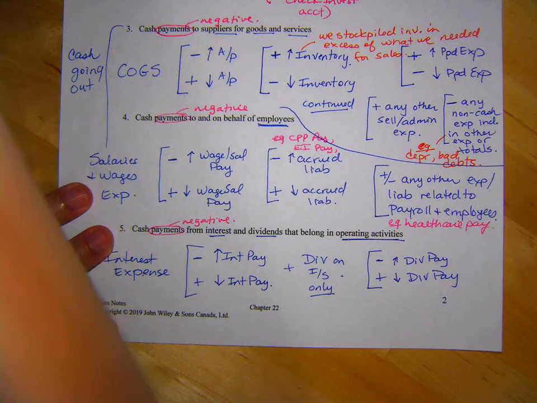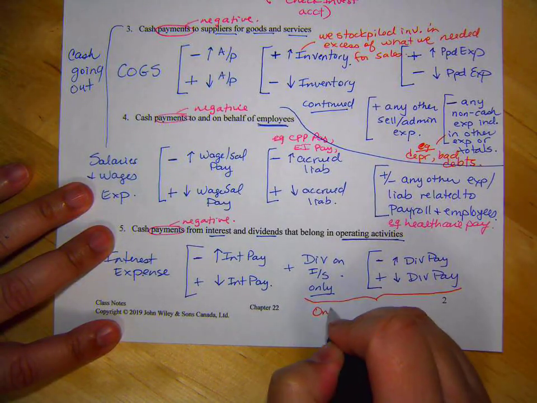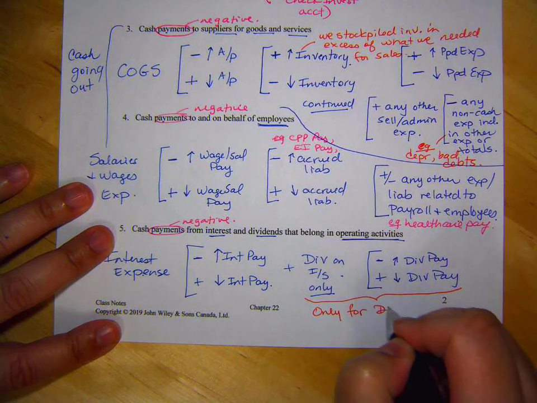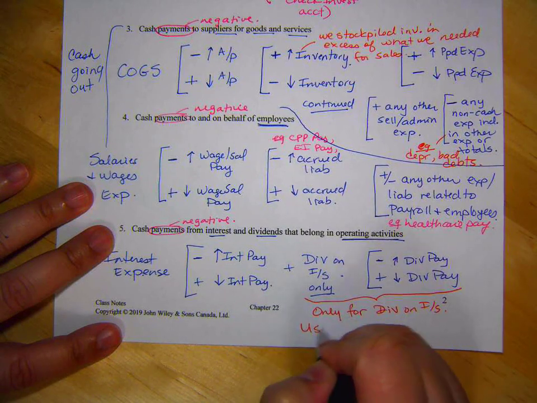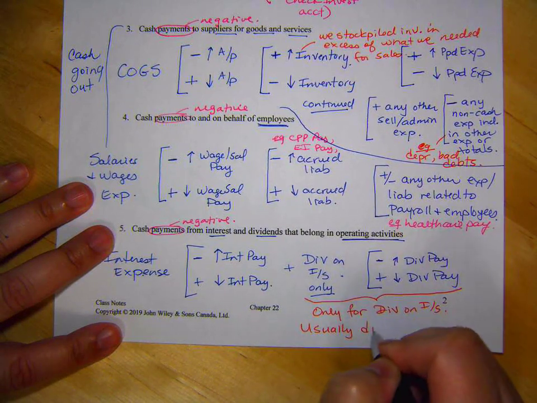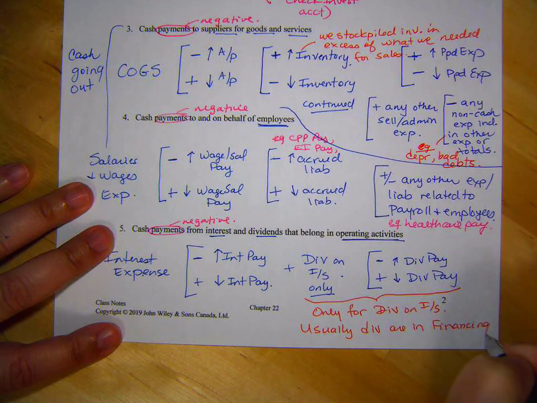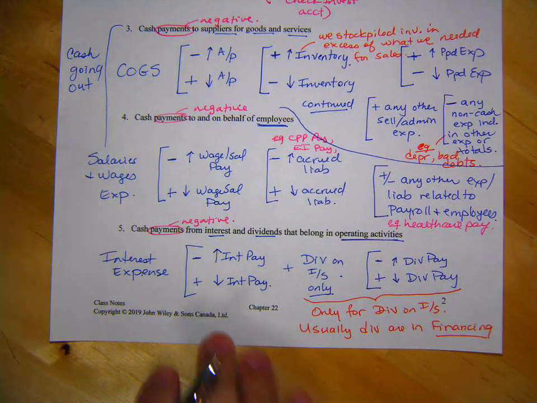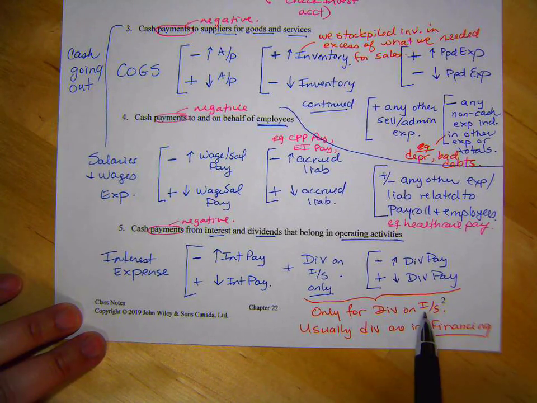But these are only for dividends on the income statement. Usually, dividends are in financing. It will tell you specifically if their dividends are on the income statement.